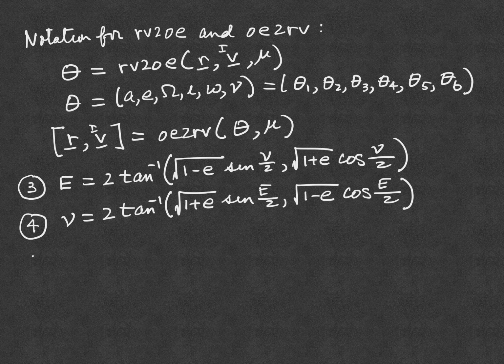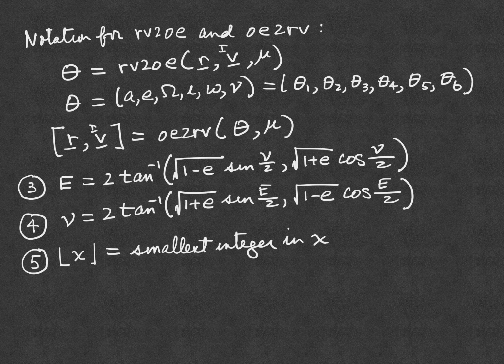And the last function that we need is something that is quite non-standard, but it's going to be denoted lower bracket x. What this function means is the smallest integer in x. So x is the input argument, and when I take the smallest integer in that, this is the notation that I'm going to use.